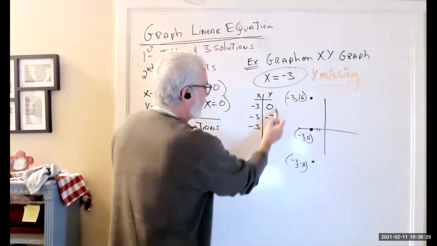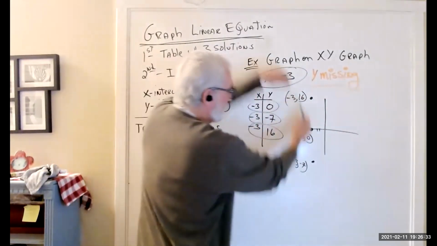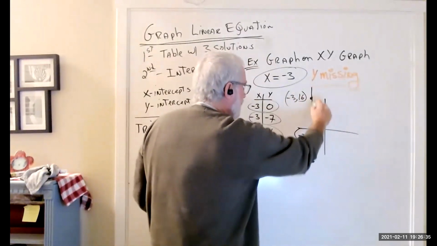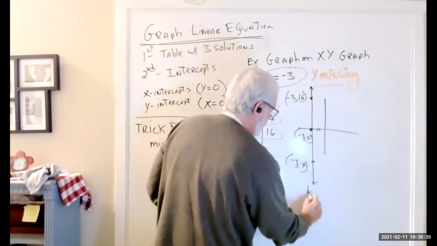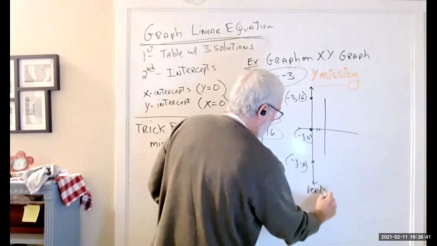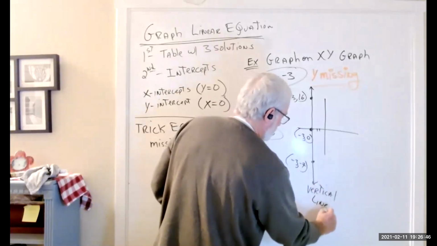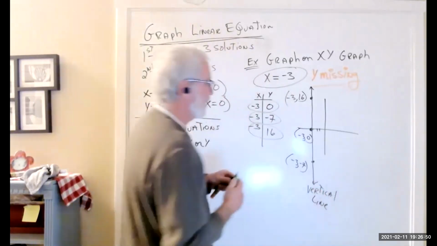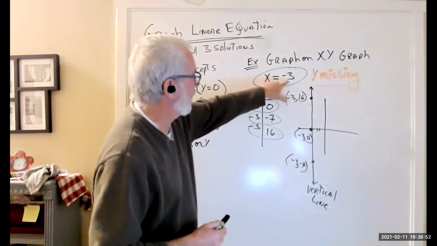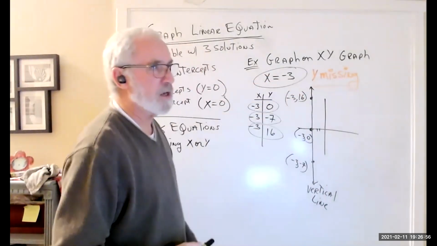So if we take those ordered pairs, plot them here, we can see that they're going to create a vertical line. And this is the line where X is always -3 and Y is anything along that line.